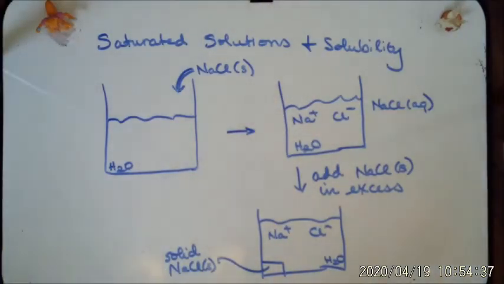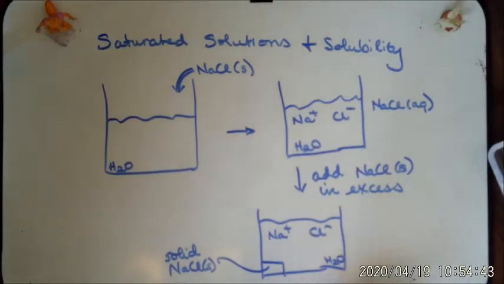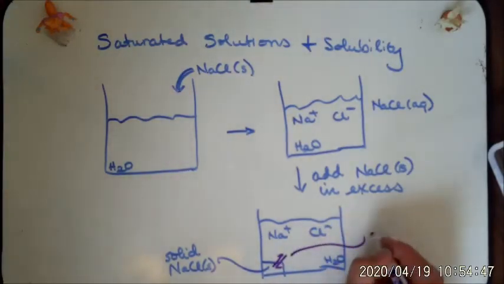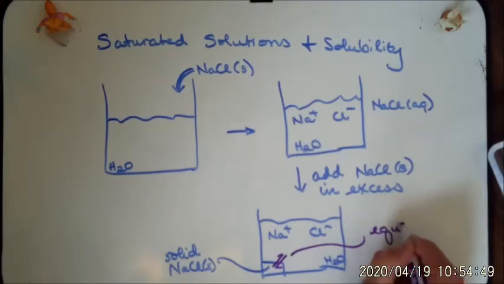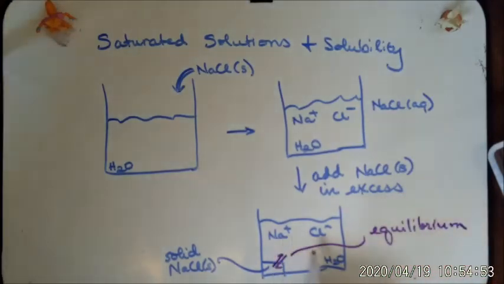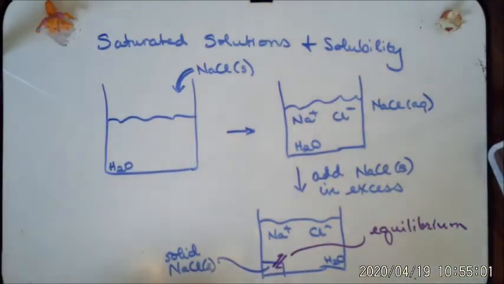Now, when that happens, you get this point where we call it dynamic equilibrium. What that means is some of my sodium ion and chloride ion will combine and form a solid at the same rate as my solid goes back into the solution.